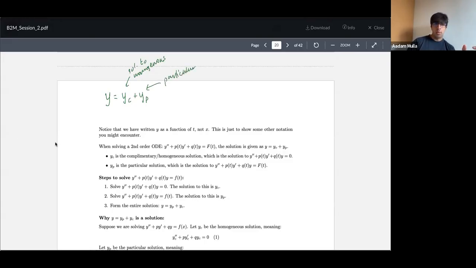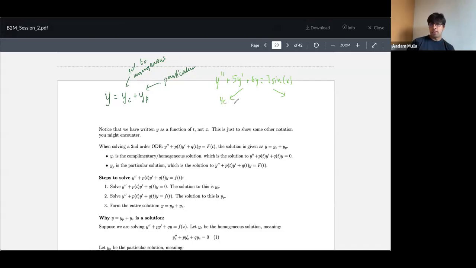If we had an example where we're trying to solve y double prime plus 5y prime plus 6y equals 7 sine of x. So soon, in 10 minutes, you'll be able to actually solve this. But the steps for solving this is you first say, okay, is this homogeneous? No, it's non-homogeneous. So my solution is going to be broken up into two parts. First, I'm going to solve for yc.